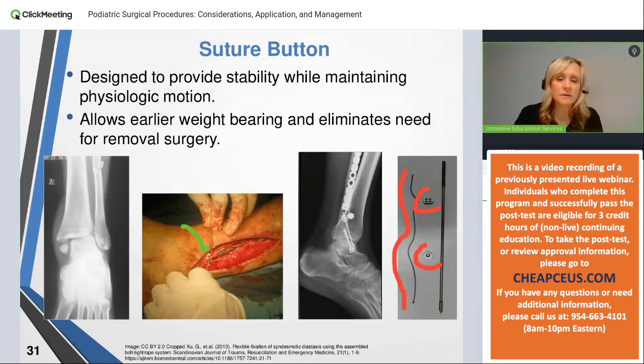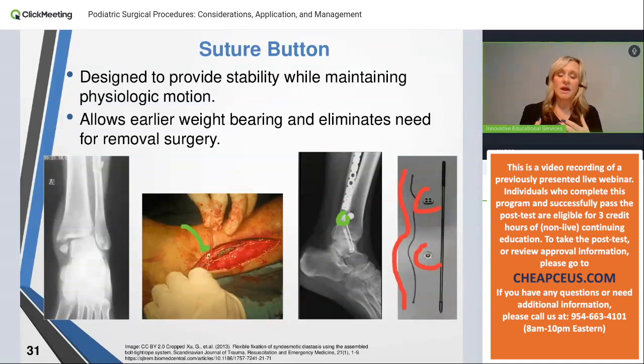On imaging, the button is here. So what they do is they will go in one side, they'll put the button in, exactly like how this cord is here. And then they'll come in, they'll put the polyethylene cord in and through, and then stabilize it on the opposite side. So this is going to be dynamic, and it's going to be stabilizing of that ligament as it's healing.